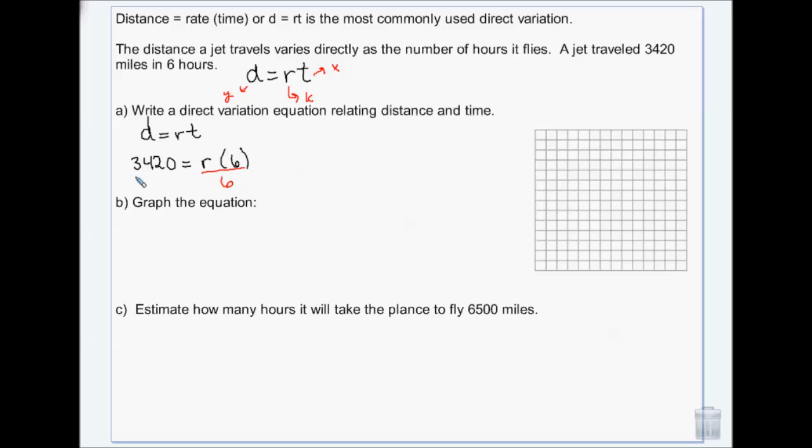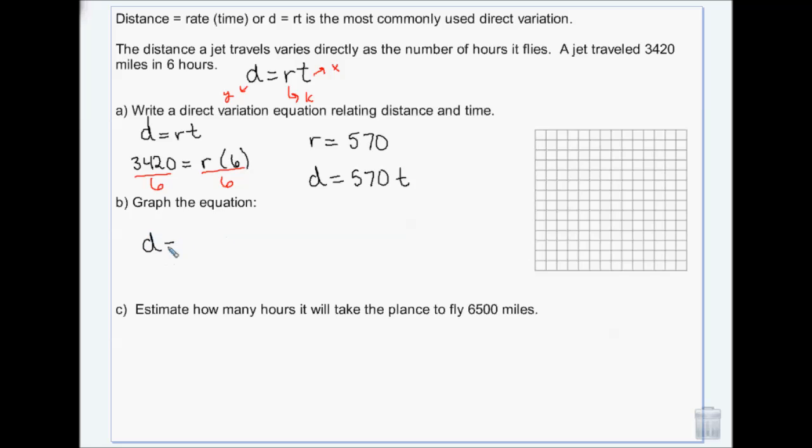I'm going to divide by 6. Okay, so what we get is distance is equal to 570 times time, because this is our k, 570 basically.